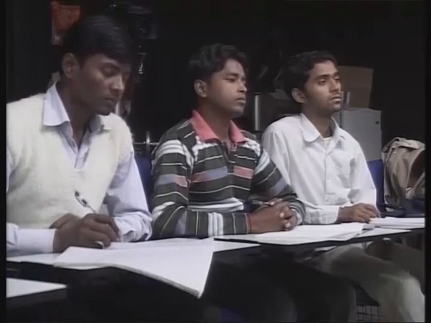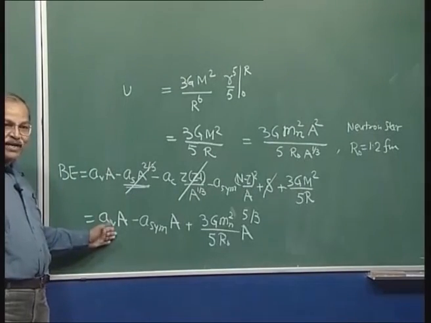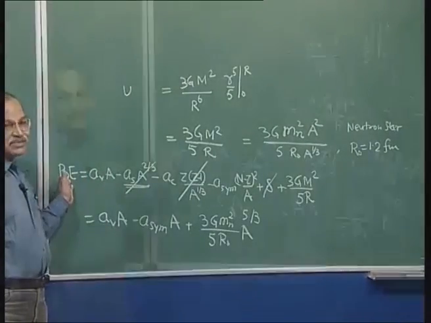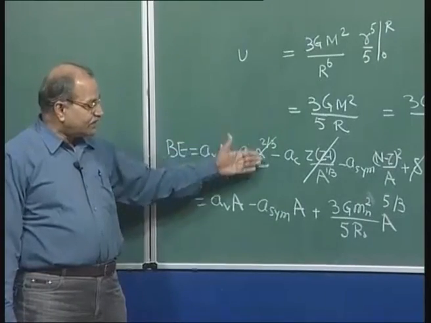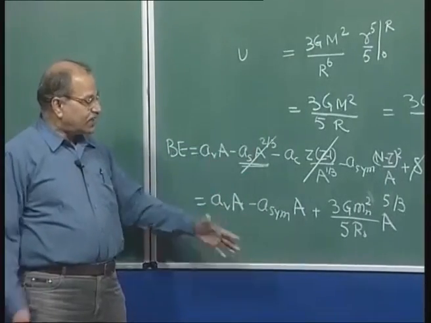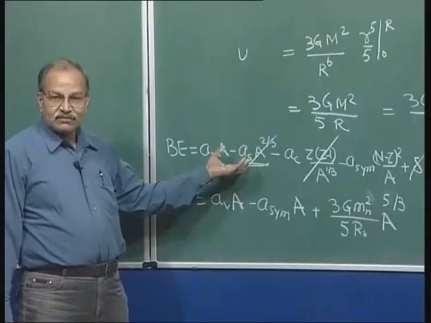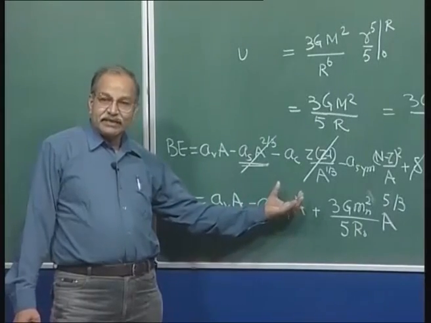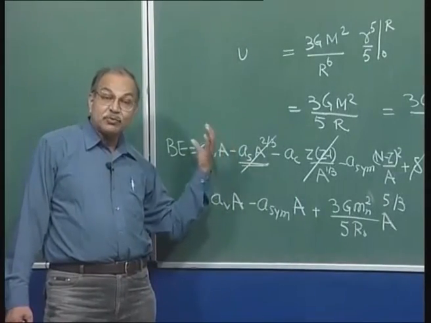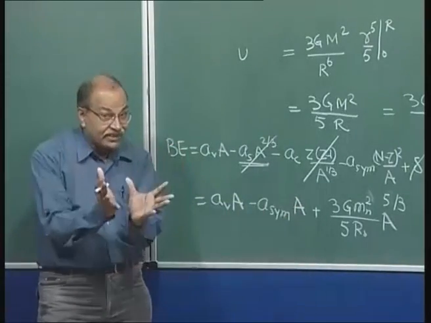So, you can have a nucleus of only neutrons provided this binding energy is positive, right. We are writing these expressions assuming that I have a nucleus with only neutrons, and we have written an expression for binding energy. If this binding energy turns out to be positive, yes, I can have that.